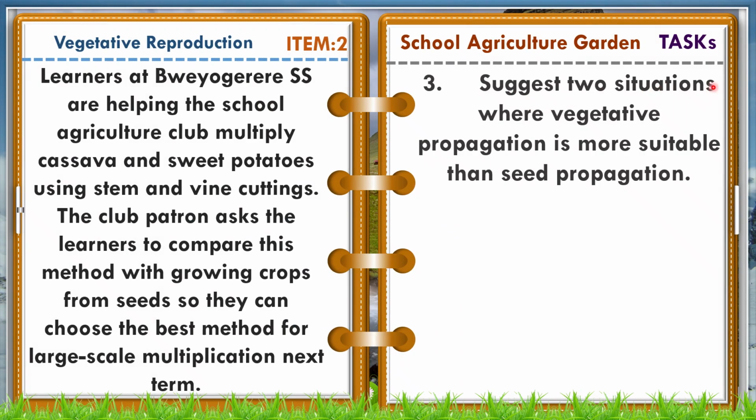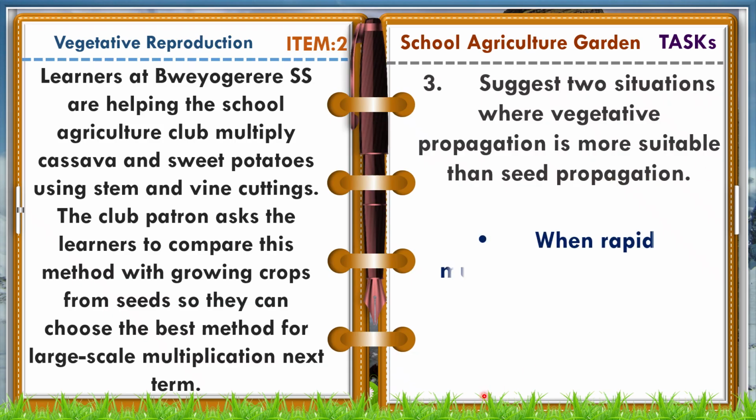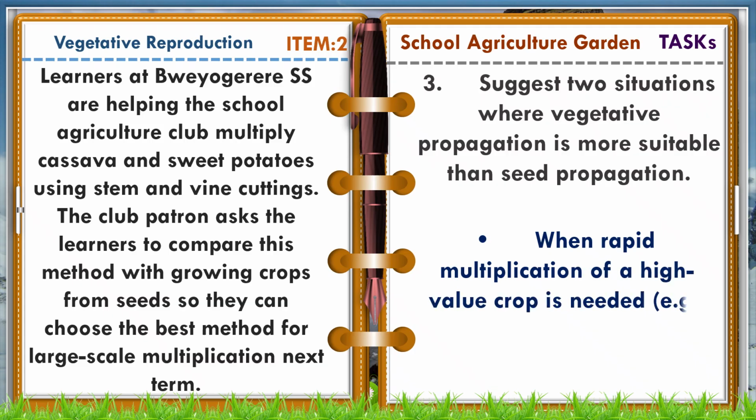Suggest two situations where vegetative propagation is more suitable than seed propagation. When rapid multiplication of a high-value crop is needed, for example, bananas and sugar canes.